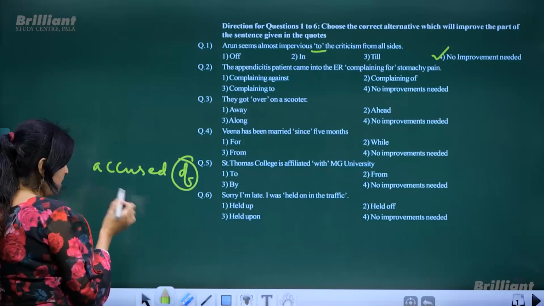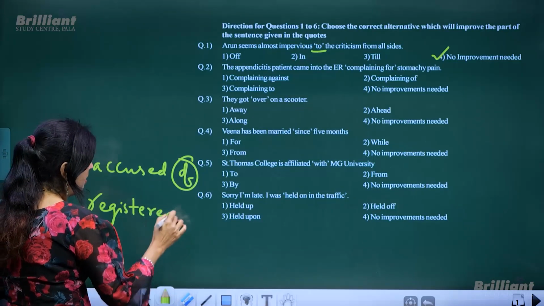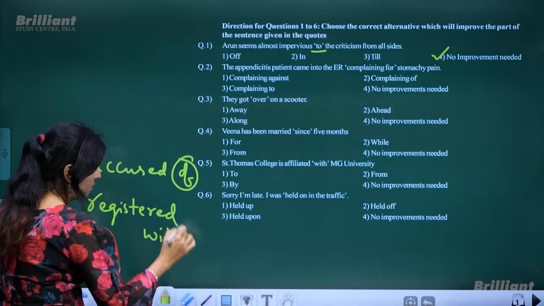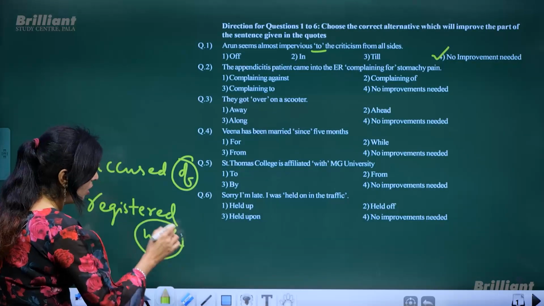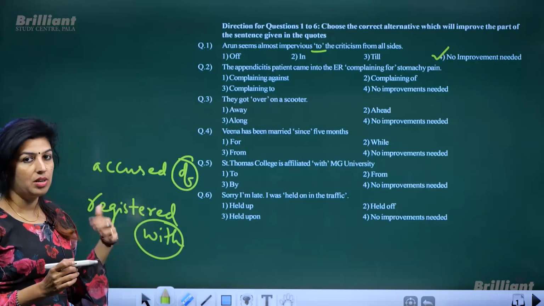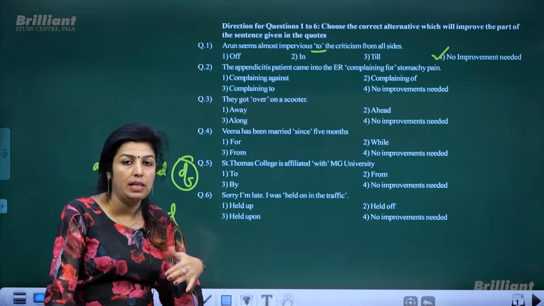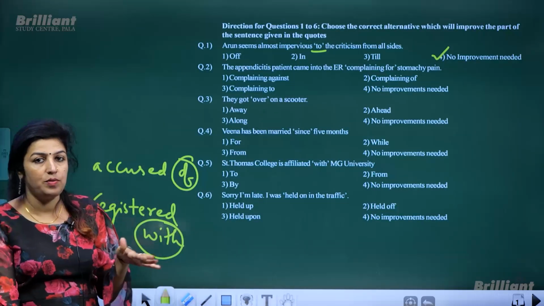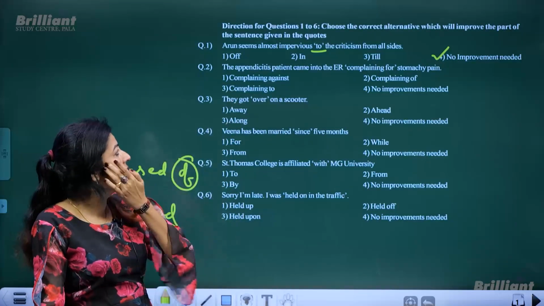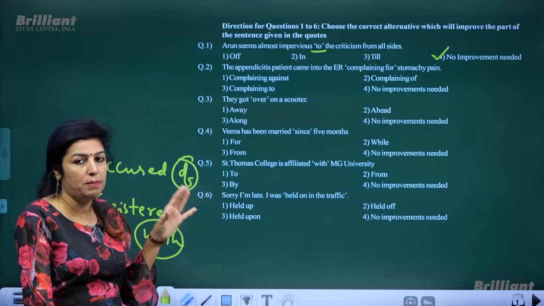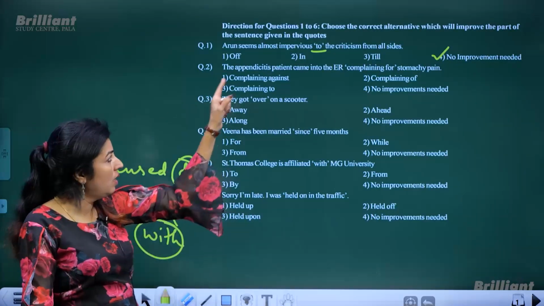Then registered with, charged with, and this preposition should go along with registered, charged, etc. No other preposition. Exactly in the same way, refrain from, abstain from. So these are the prepositions which should go along with certain verbs. Here impervious is the word with which only 'to' will match, no other preposition. That is also one of the rules to be followed when we deal with the word impervious.